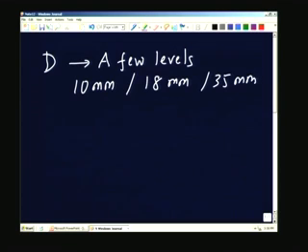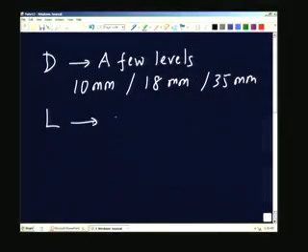Just 3 numbers just to indicate that a few levels are possible. Even though in principle D can be varied continuously, it is not possible in practice because the tubes available come in certain diameters. In fact, the ones I have given here may not be the correct ones. I am just trying to say that there are only a few diameters possible.